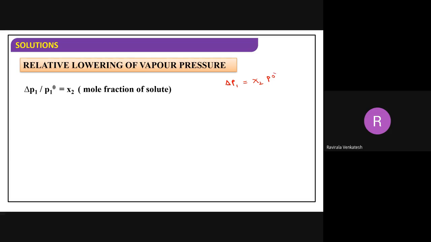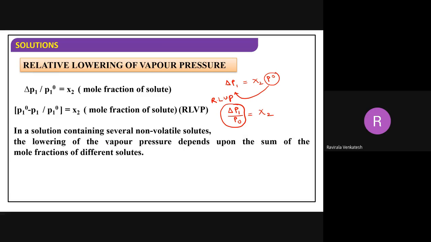Now when I shift P naught over, we get ΔP1 by P naught equal to the mole fraction of solute. This we are calling the relative lowering of vapor pressure. Based on this, we can write that the relative lowering of vapor pressure is always equal to the mole fraction of solute, correct or not? This is the formula you got.